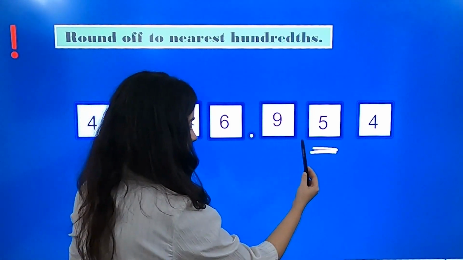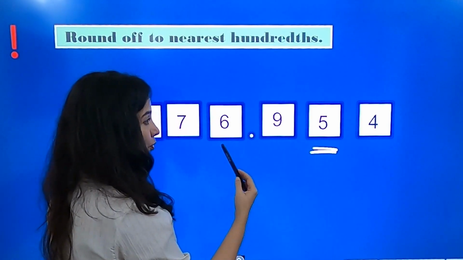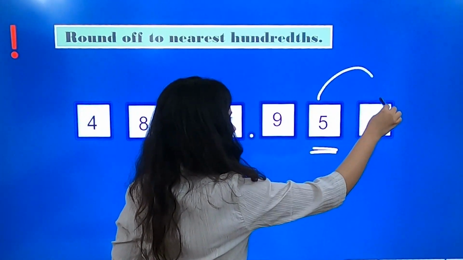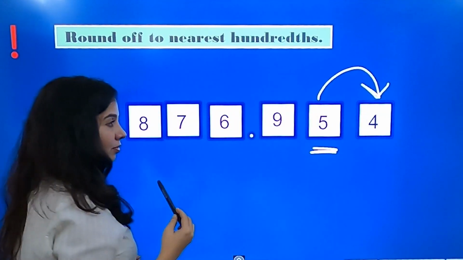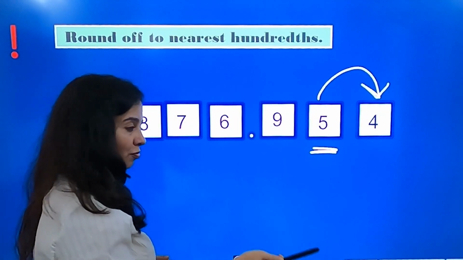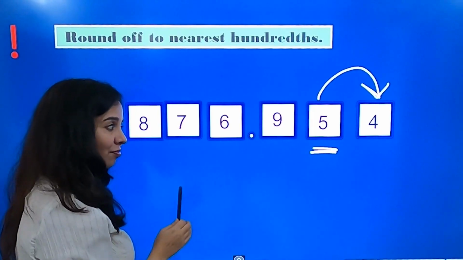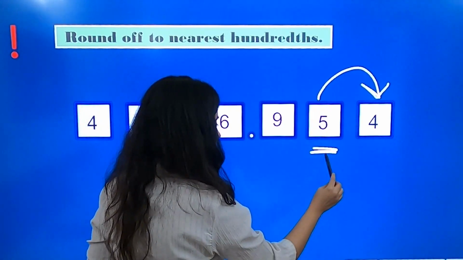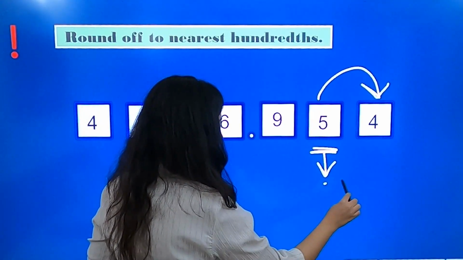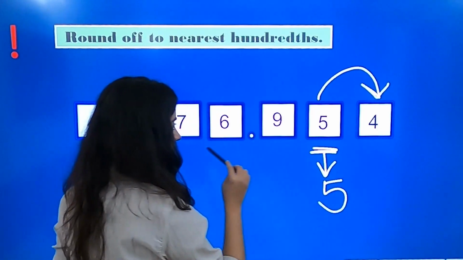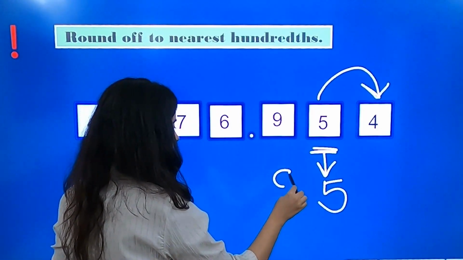After this, once our focus digit is decided, what we have to see? We just have to see the digit on the right side, that is 4, which is not 5 or more than 5, it is less than 5. Therefore, this 5 will remain 5. Nothing will happen to it. And this will become 9.